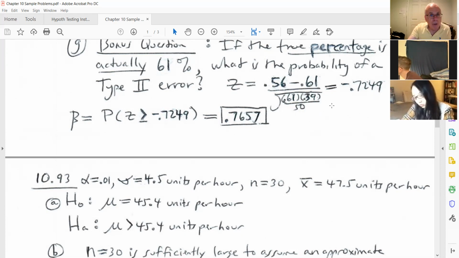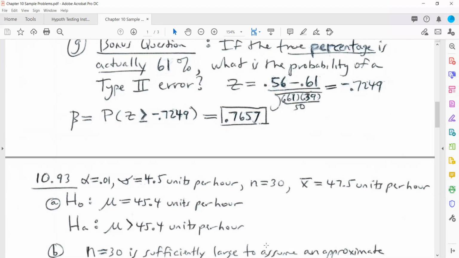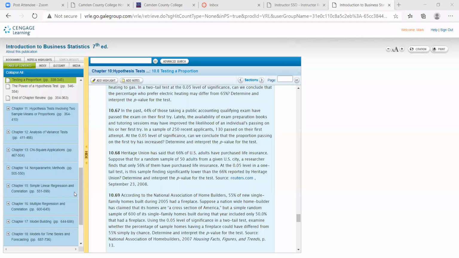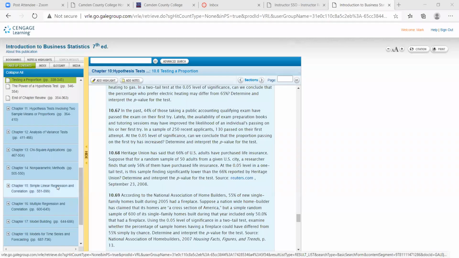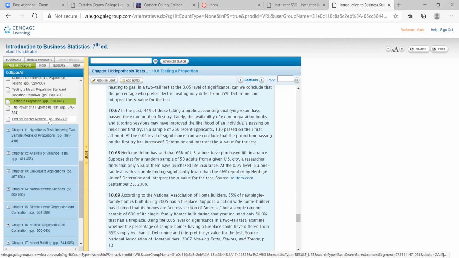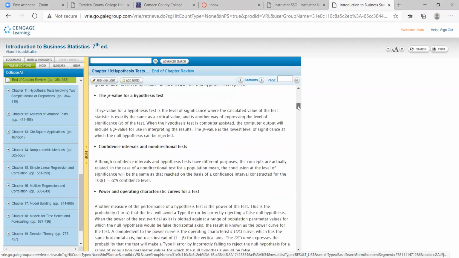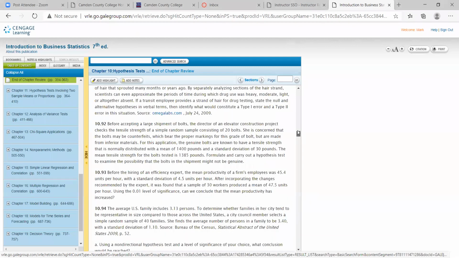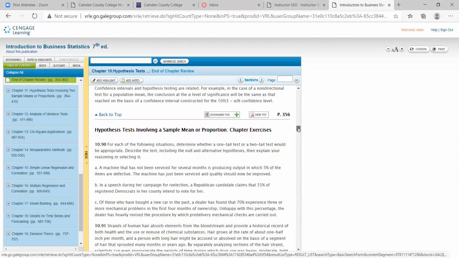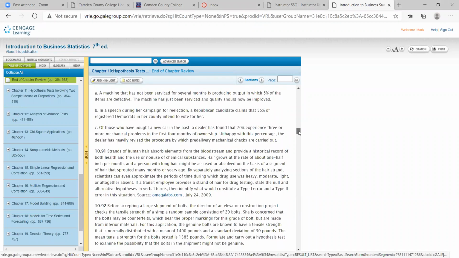It's number 93. That's actually towards the end of the chapter, during the chapter review.